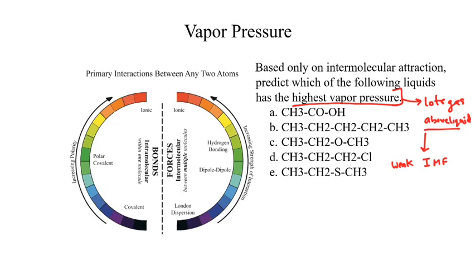If I have a weak intermolecular force, that means I would be looking at a strong bond. Okay? Our weak intermolecular force would be, say, London dispersion force. A strong bond would then be a nonpolar covalent bond. Okay?